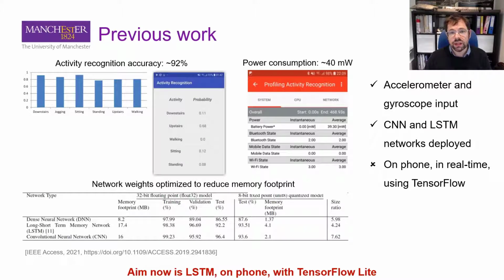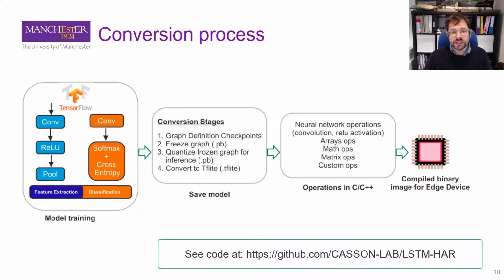And so our aim in this work was to take our LSTM networks, port them to TensorFlow Lite, and run them on a mobile phone to see the kind of performance that we can now get with the current machine learning state of the art. The process for doing that is shown on the screen here. We start off with what's called an offline prototype.